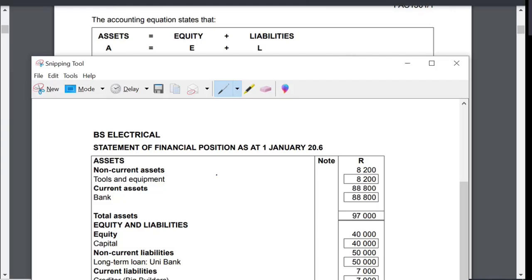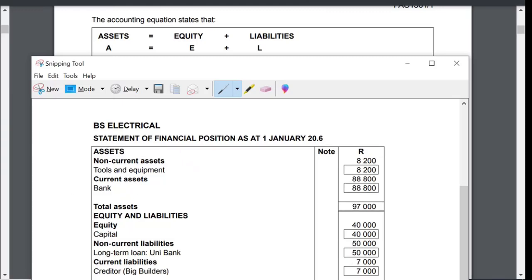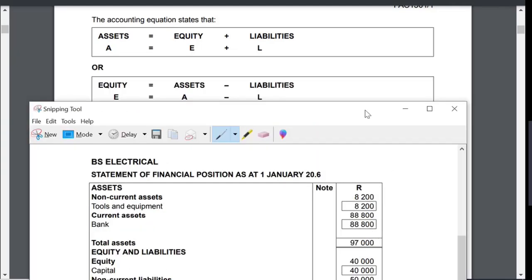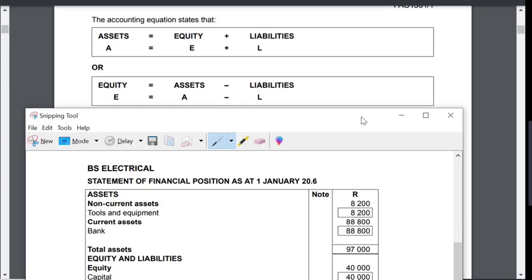So can you say that assets, this 97,000 total assets, minus liability equals equity? Even if you do it the other way around, if we say assets minus liabilities equals equity, it should balance.